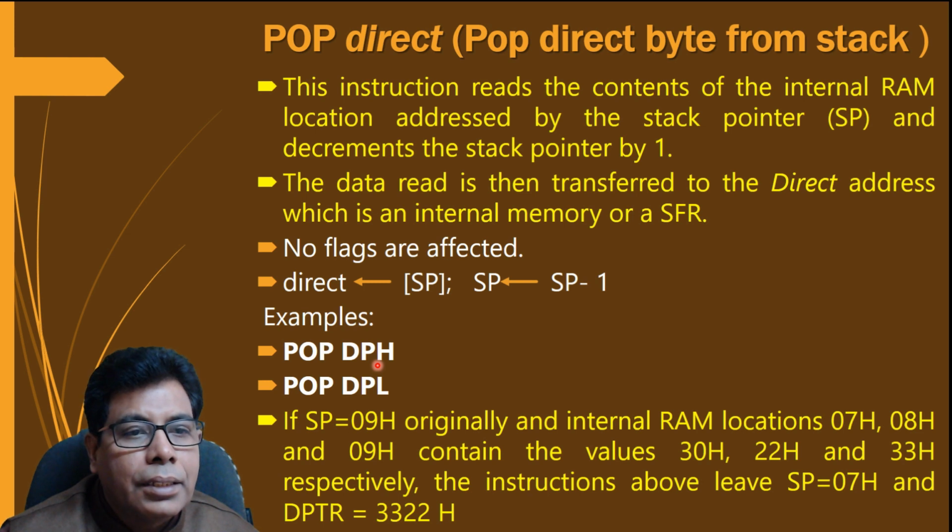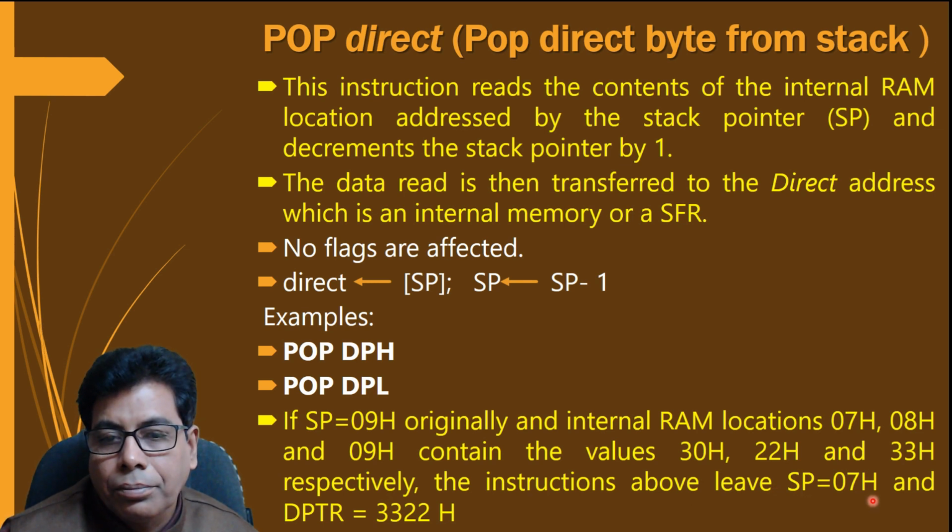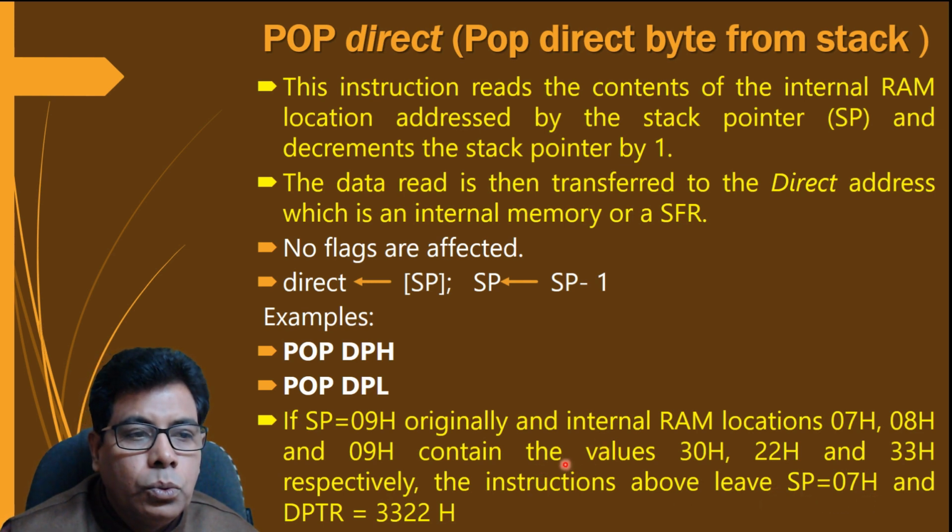Then the stack pointer is decremented by 1, so it will become 08. So 22 will now go to DPL. So DPTR will become 3322. And again we decrement the stack pointer after this pop, so stack pointer will become 07. After these two pop operations, the stack pointer will be 07 and DPTR will be 3322H.